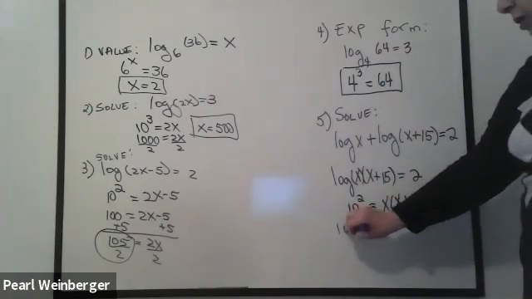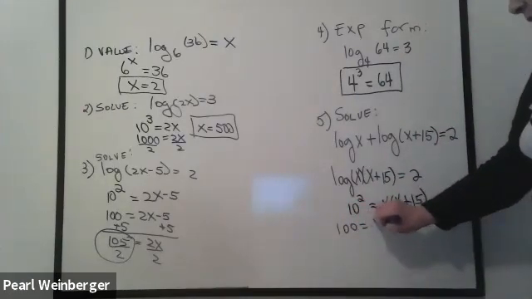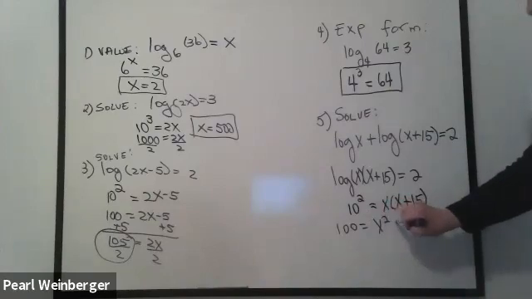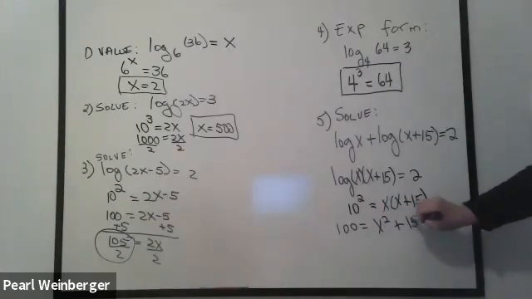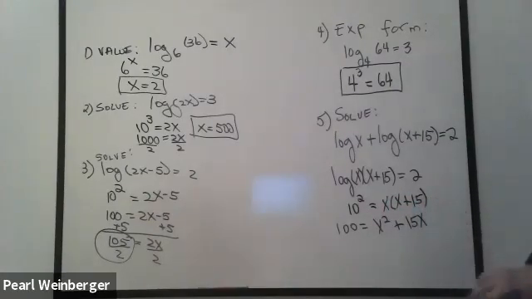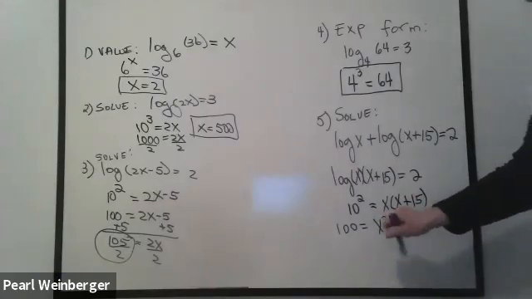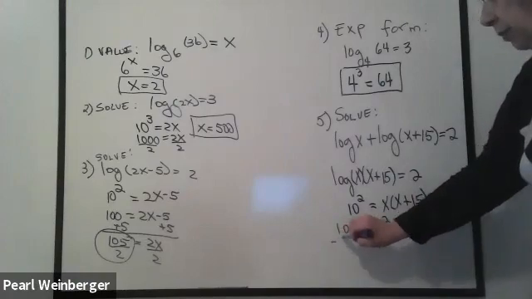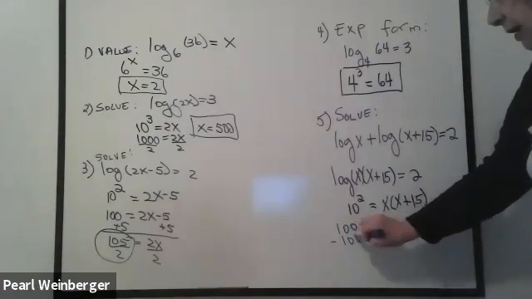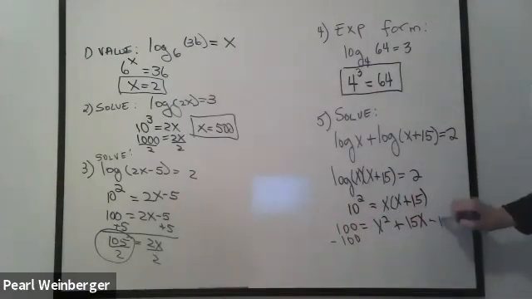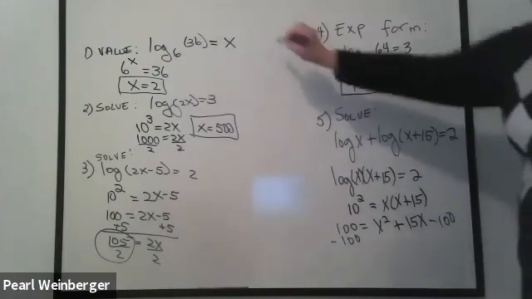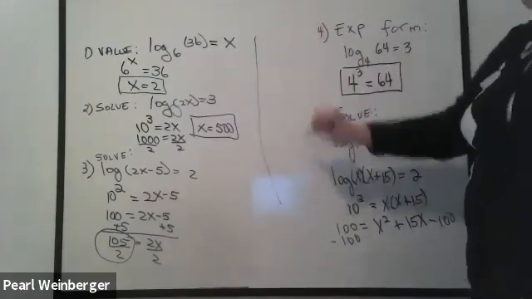This is 100 equals x squared plus 15x. Removing the parentheses, I see an x squared, that means it's a quadratic equation, so I have to bring the 100 to the other side, so I get it equal to 0. Let's go over here and work on it.